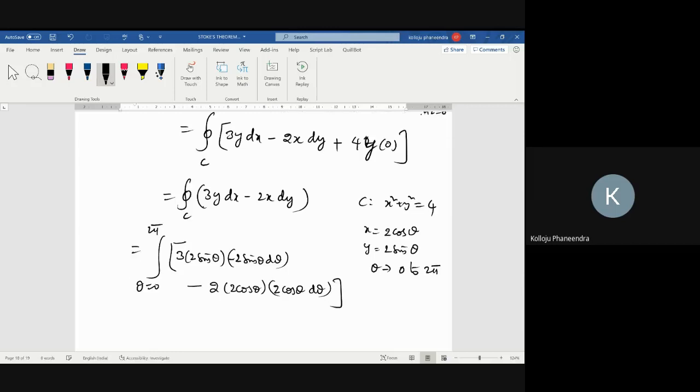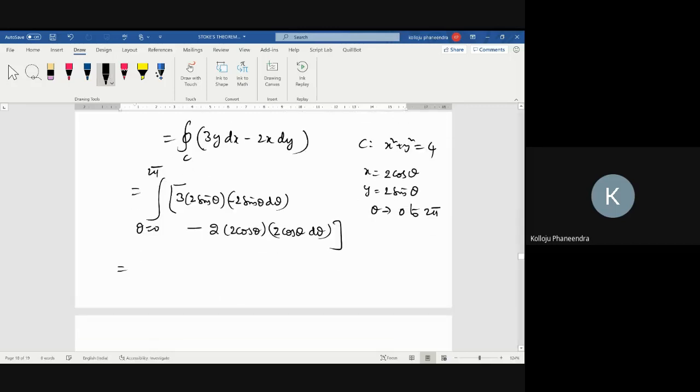So this entire thing becomes, from 0 to 2 pi, 3 times 2 times 2 is 12, minus 12 sin square theta, minus 2 times 2 times 2 is 8, 8 cos square theta, d theta, right?